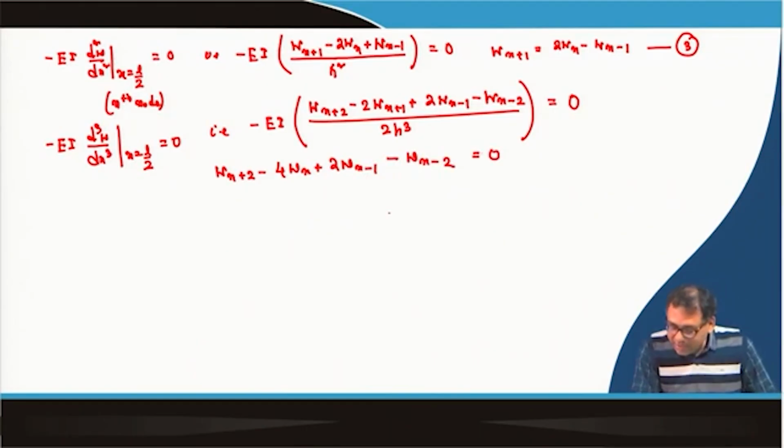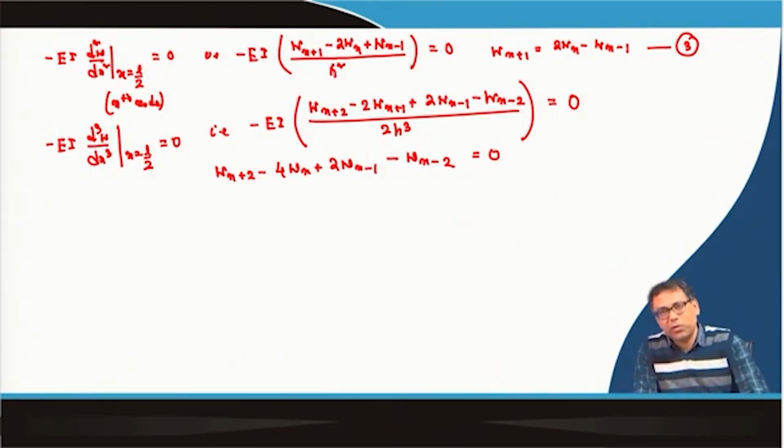And now, we have this condition w n plus 1 is equal to 2 w n minus w n minus 1, okay, because now we have to convert the imaginary node to real node, because we have to get the relationship with the imaginary node to real node, because real nodes are the nodes where you want to determine the deformation. Imaginary nodes are used to use these boundary conditions.